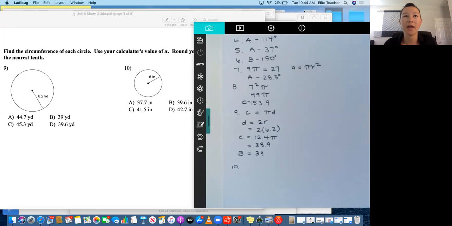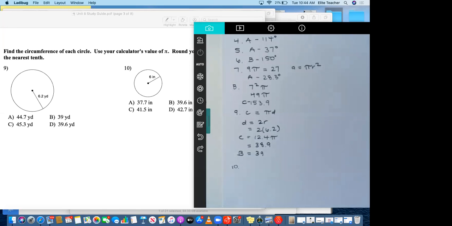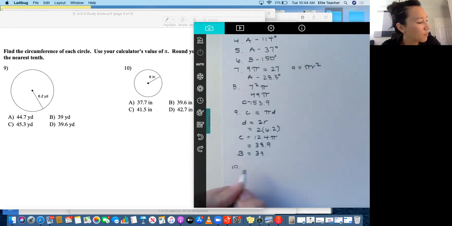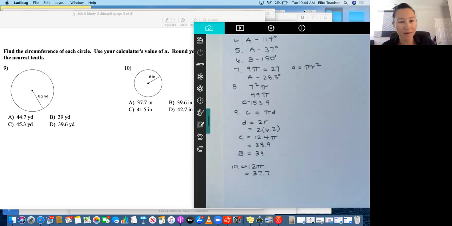I think someone was coming on to say it. Go ahead. A. Yep, very good, Jasmine. It is 37.7. So you find the diameter first, right? So 6 times 2 is 12, and 12 times pi is 37.69, which rounds to 37.7. So this one would be A, which is 37.7.